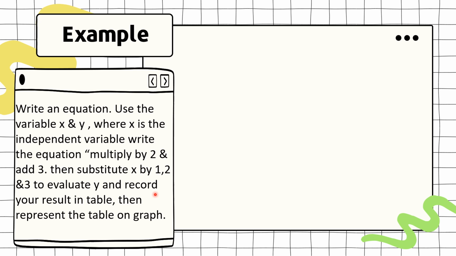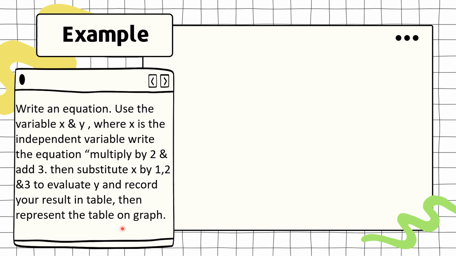After I substitute and get the result of y step by step for each value of x, I will draw a table, write the x and y in it, and then represent the table on a graph.